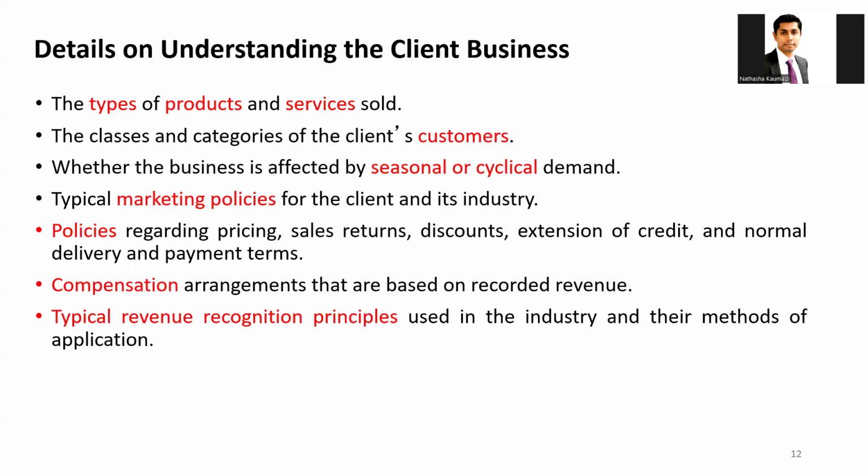Definitely, inherently, there is a risk. What is the risk? Your directors might try to manipulate the revenue figure just to get the bonus. I'm not saying 100% correct, but sometimes there can be a tendency that they try to manipulate the figures. So that's why you try to understand whether compensation arrangements are there or not.